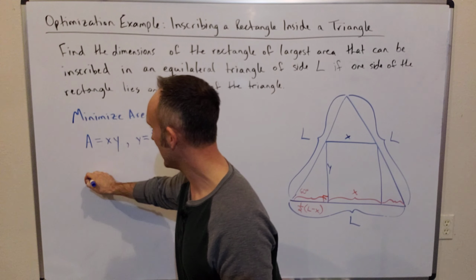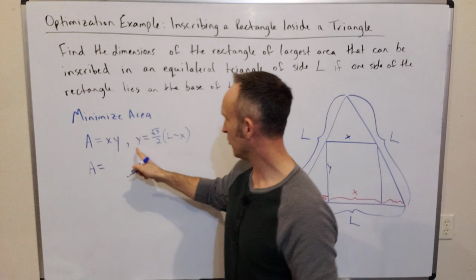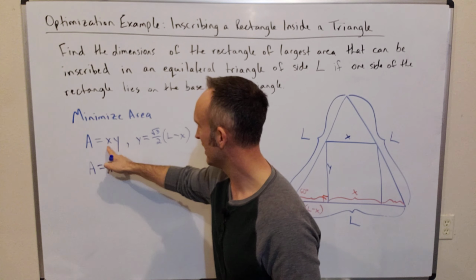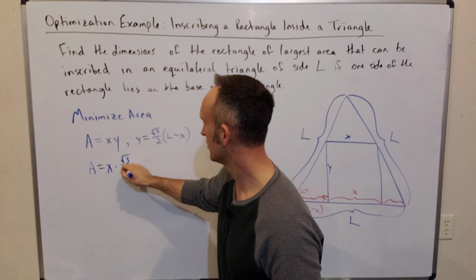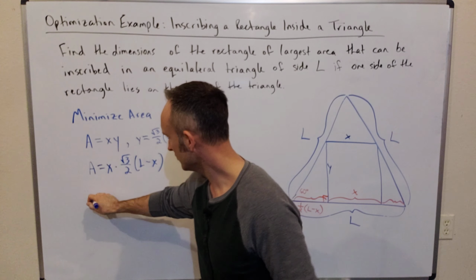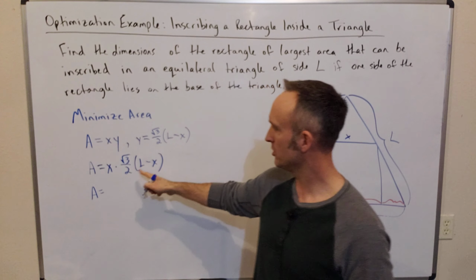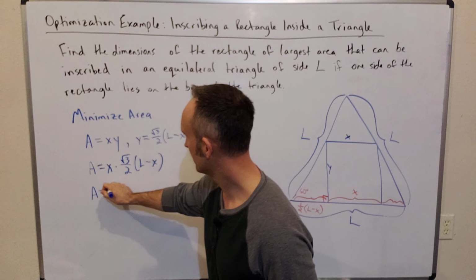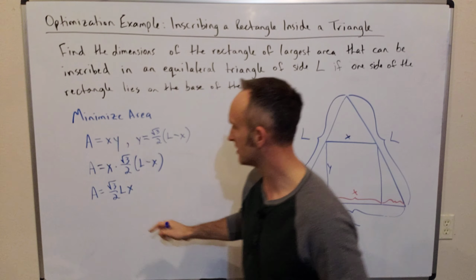Now I can rewrite my area function in terms of one variable, x, because this turns into x times y, which is all of this. If I distribute my x and my square root of 3 over 2, I get square root of 3 over 2 L times x.